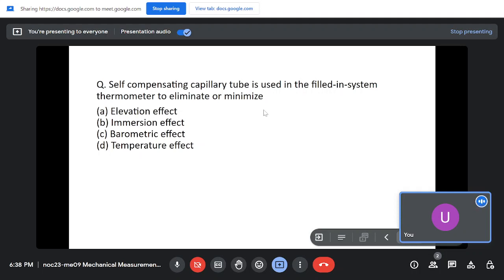So how do you handle this? You connect another capillary tube which is exposed to the ambient condition, and taking the differential pressure will give you a better result. Having an additional capillary gives you self-compensation, which eliminates the temperature effect. So that is a self-compensating capillary tube.